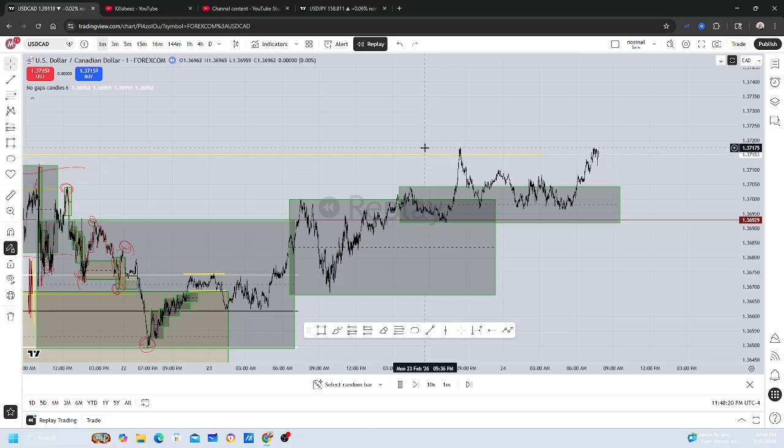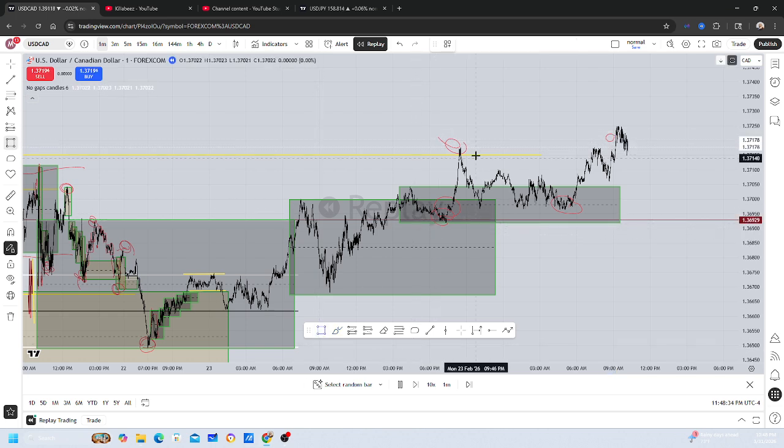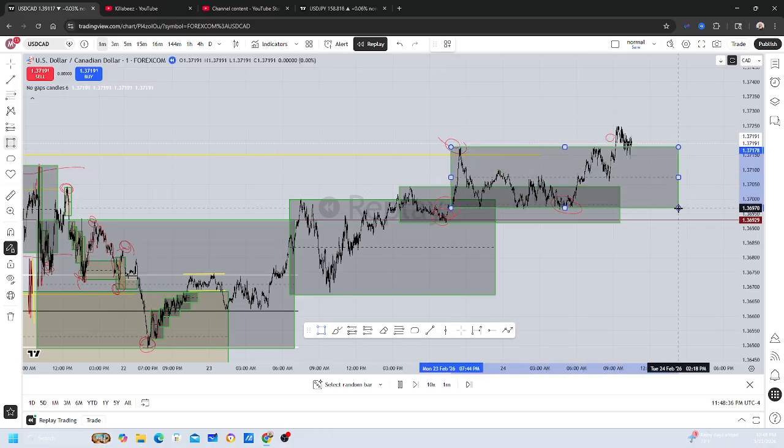Come on, give me the 4. Equal highs. Let me see this low put in this high. Yep. There wasn't a lower one. So that's 4 swings.